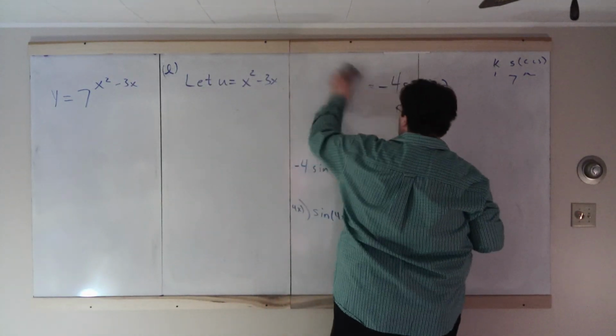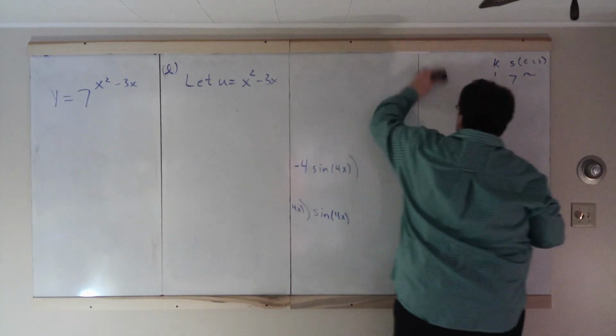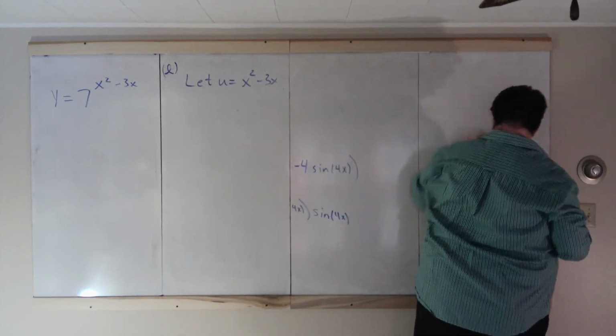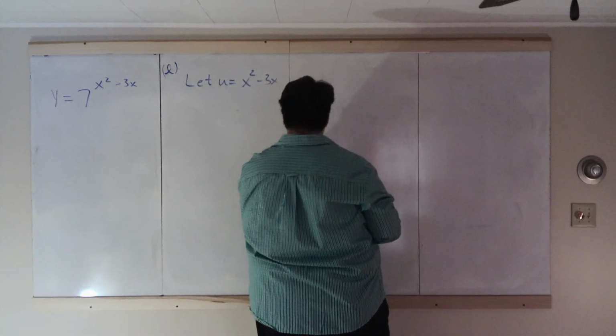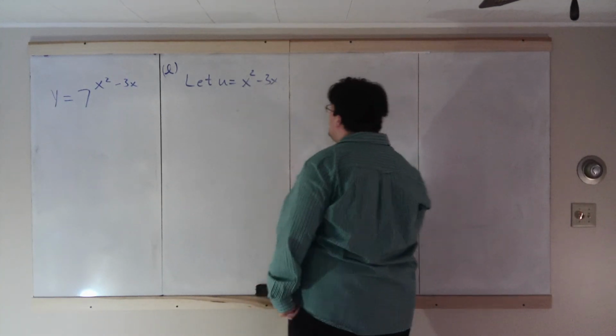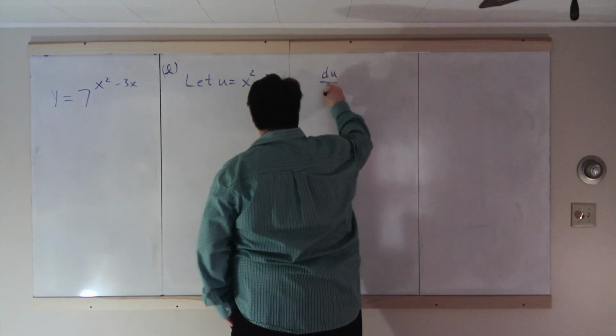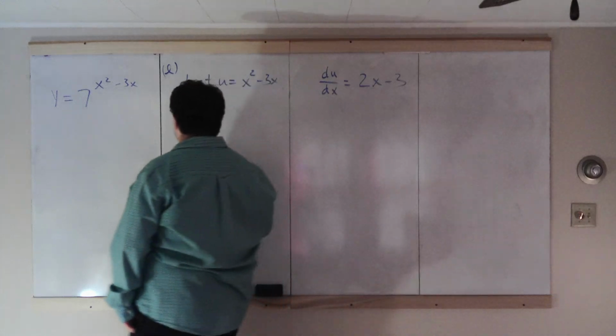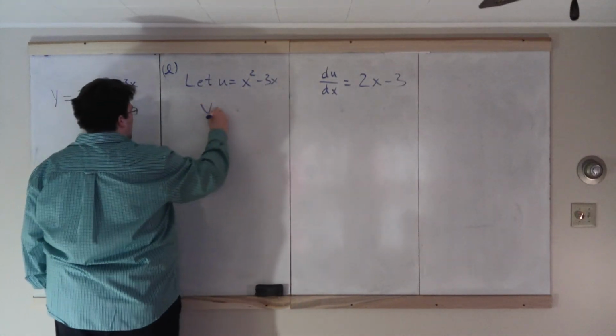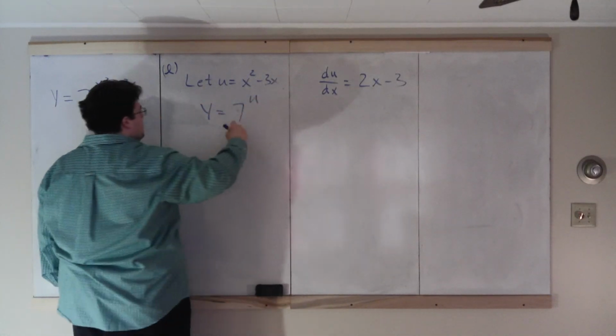Well, now, if u equals that, du dx is 2x minus 3. Y equals now 7 to the u.